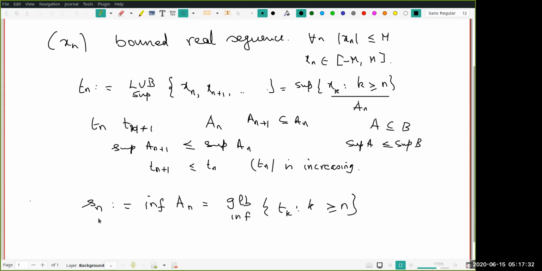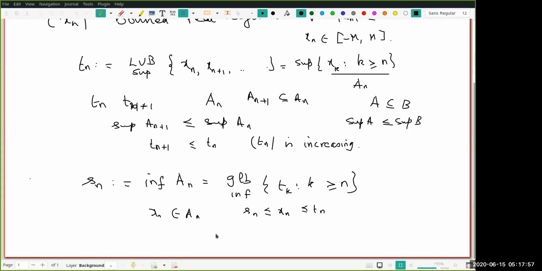Because xn is an element of An. Sn is less than or equal to xn because xn is an element of An. And xn is less than or equal to Tn. Therefore, as a corollary, we see that for all n, Sn is less than or equal to Tn.